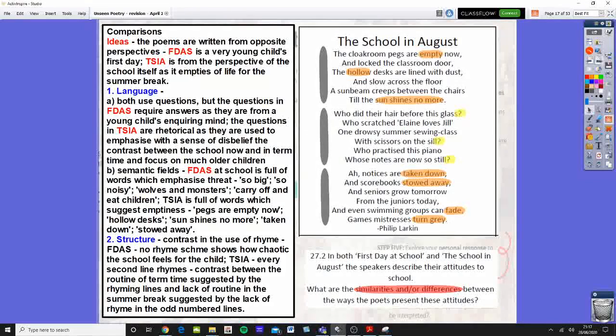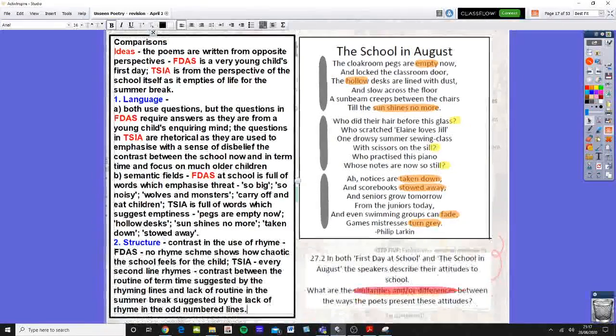Okay, so first of all, I think the key thing is to have an overall comparison. If you think about the 2 poems, they're obviously both about time spent in school, but they are from entirely different perspectives. First Day at School is obviously from the perspective of a very, very young child, and it is literally their first day in school.